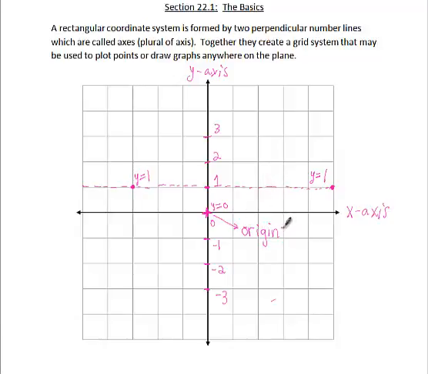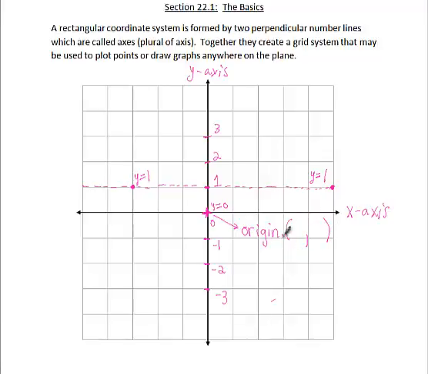Alright, now since we've already talked about points having an x-coordinate and a y-coordinate, we can assign coordinates to the origin. And we assign coordinates to a specific point with two coordinates.